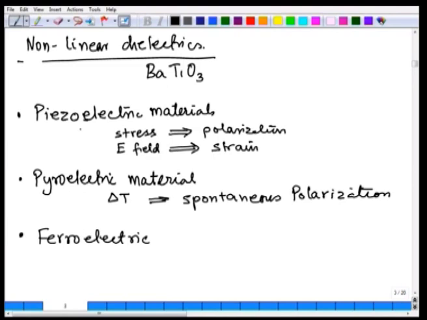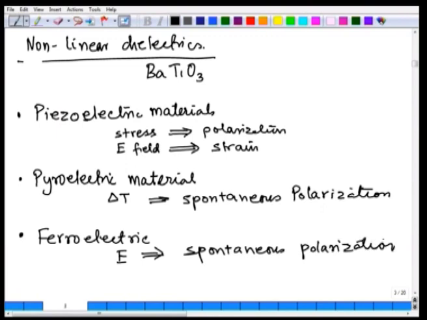This is how they connect, and hence I am talking about all three, though in this lecture I mostly want to talk about ferroelectricity, which is what relates to non-linear dielectric behavior. In this case, if you apply an electric field, it produces a spontaneous polarization.